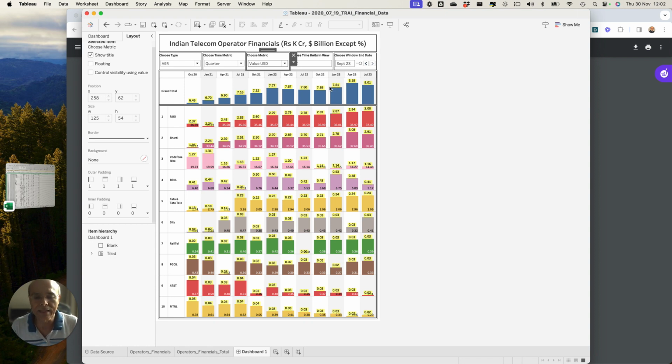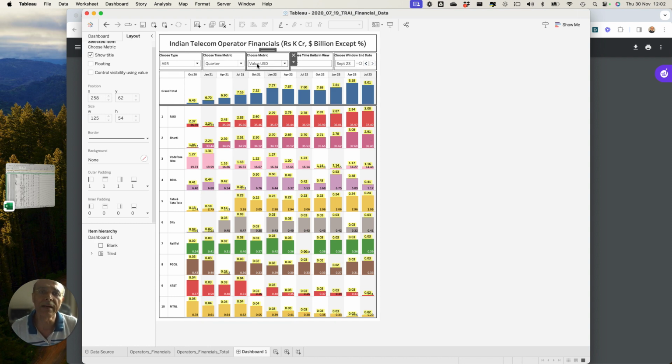So this is a clear indication that our rupee has depreciated and weakened against the dollar, and that's why the overall telecom industry health, though it shows that it is growing in rupee terms, is not growing in dollar terms. RJIO has maintained a steady growth. Bharti also has maintained a steady growth, but there is a slight dip in dollar terms as far as the overall collection is concerned in the current quarter.